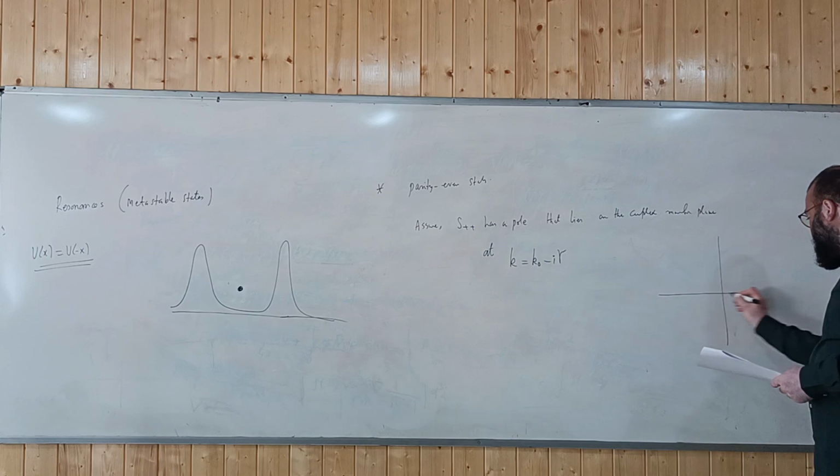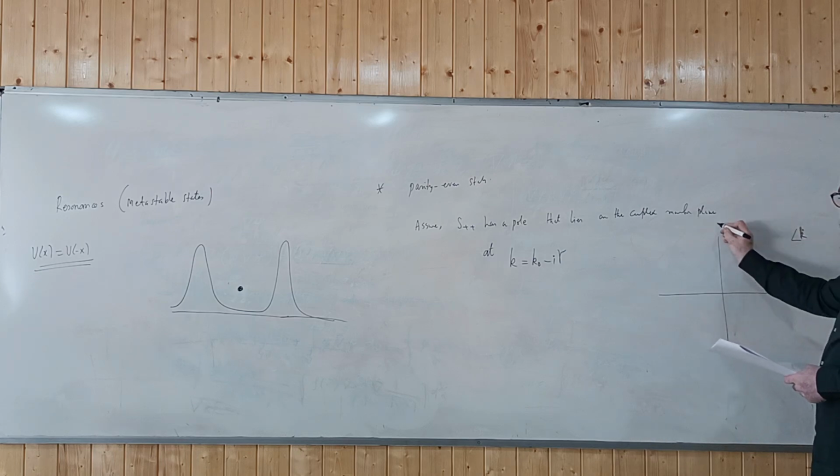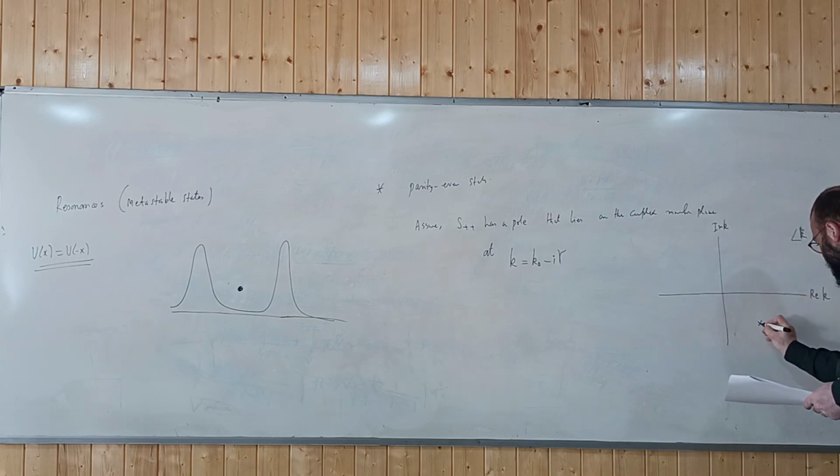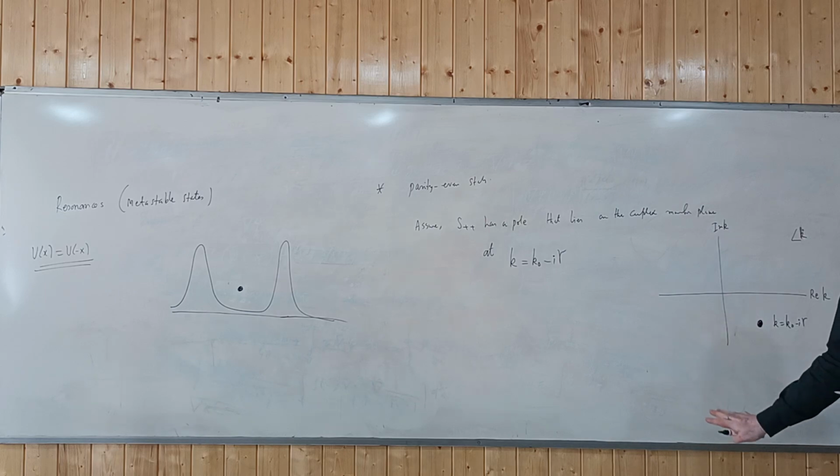Let's say this is your momentum plane: this is the real k and this is the imaginary k. I am putting the pole here, so k is equal to k0 minus i gamma. Instead of making it purely imaginary, I have made it complex.